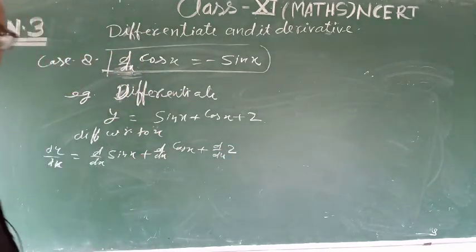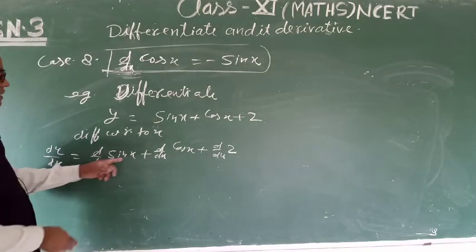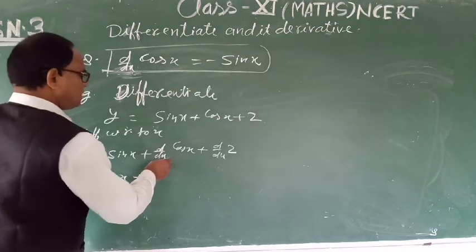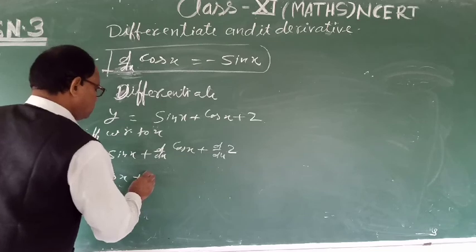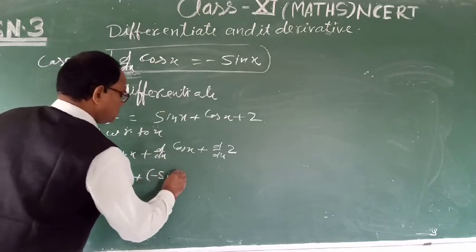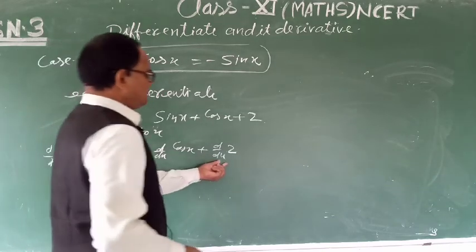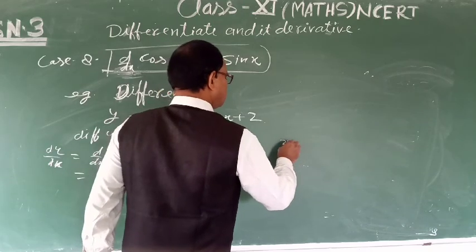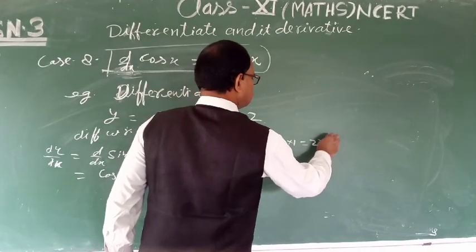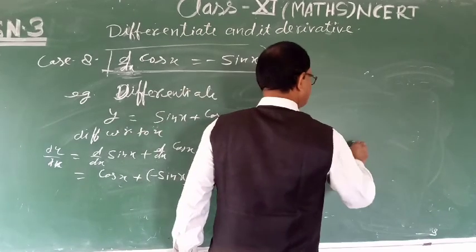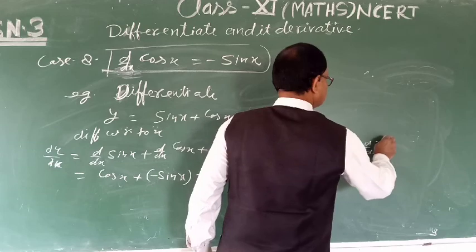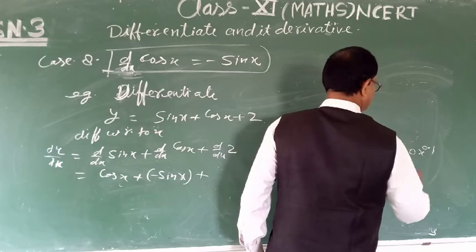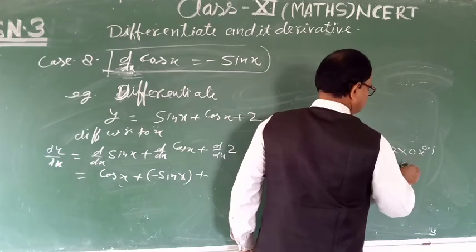Okay student, here d upon dx sin x, its value is cos x, and d upon dx cos x we find minus sin x, plus d upon dx of 2. 2 is the constant. You know that 2 into 1 we can write 2 x power 0, then differentiate 2 into d upon dx x power 0, we get 0 minus 1, the value 2 into 0 is equal to 0.